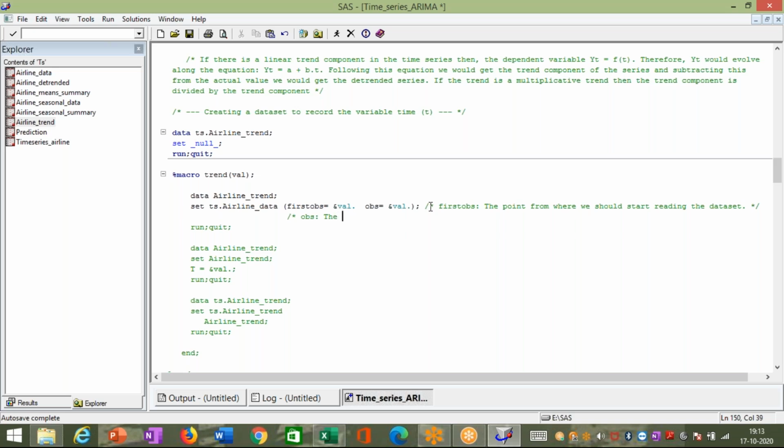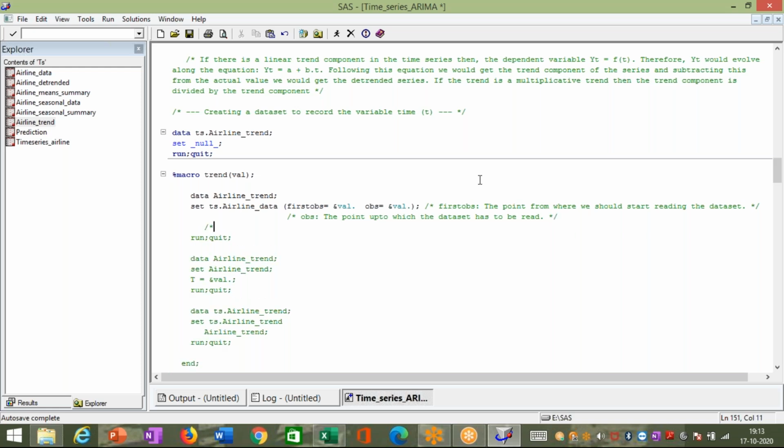And this is the point up to which the data set has to be read.